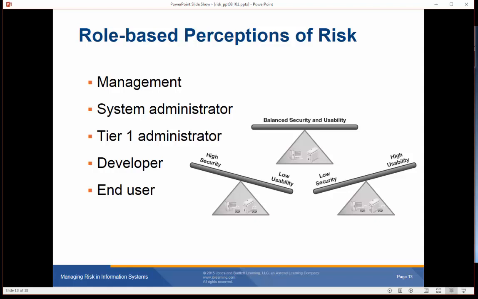Let's talk about the role-based perceptions of risk. You see management at the top, and management is concerned with profitability and survivability, but basically the buck stops with them. They hire people underneath them that may have more IT security and information security background than they do, and they trust those people for advice on what they need to spend and what they don't need to spend, and what controls to implement versus the ones not.